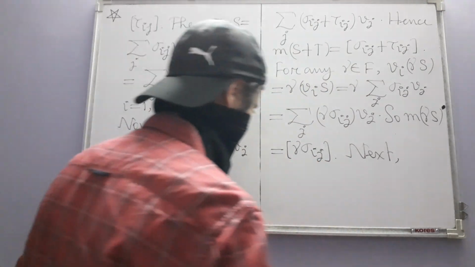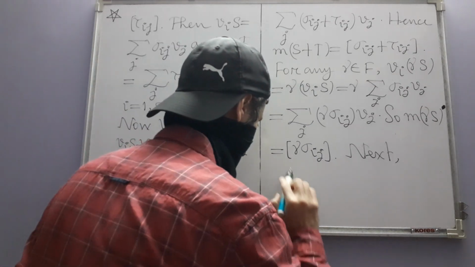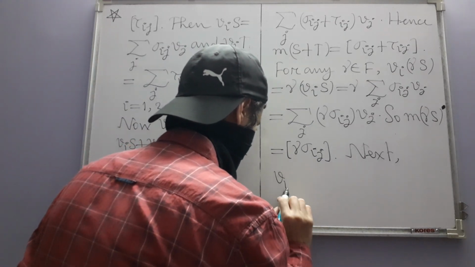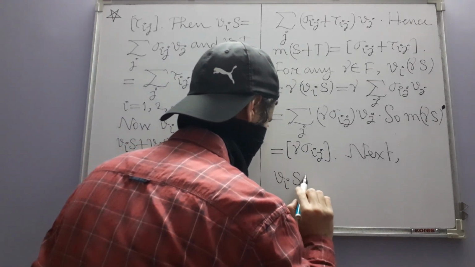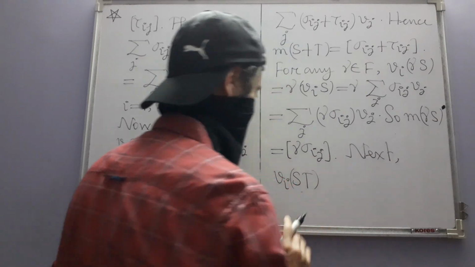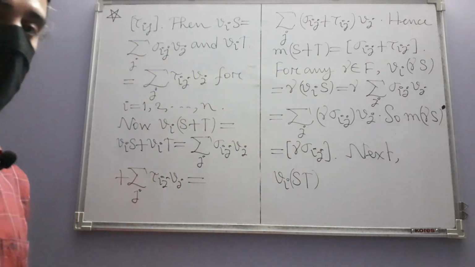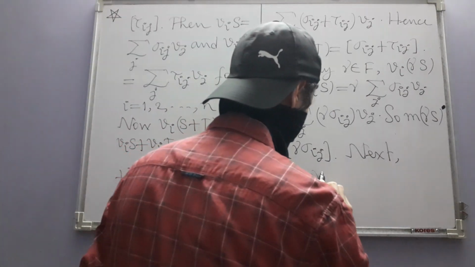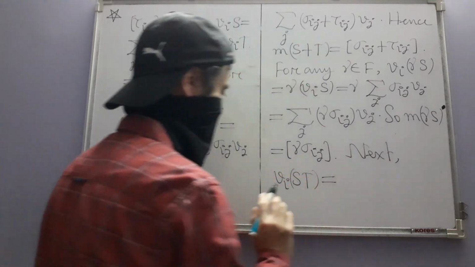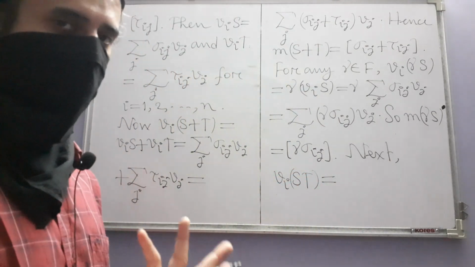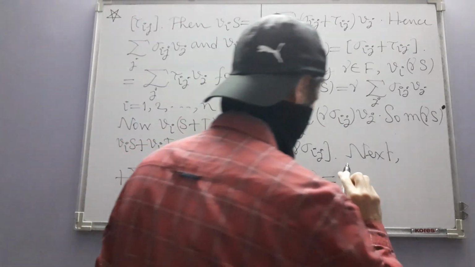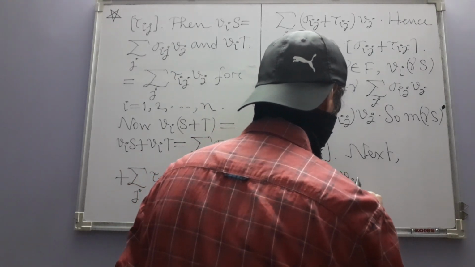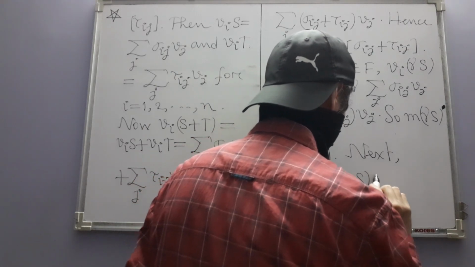So let's just go through the details and see what we get. So according to the rule, we have to see what ViST becomes. By the definition, multiplication means composition. So this is just ViS of T.